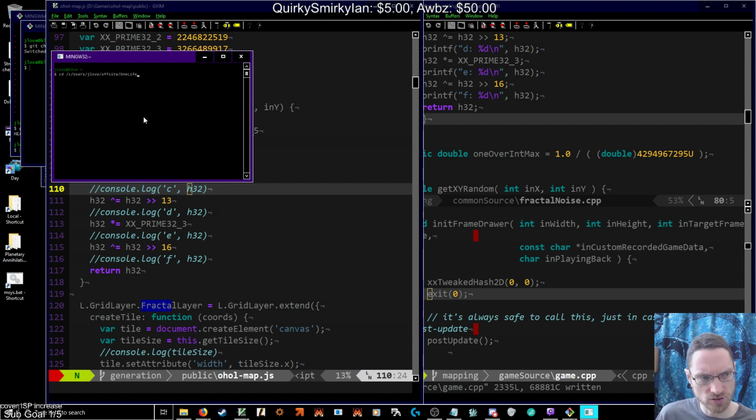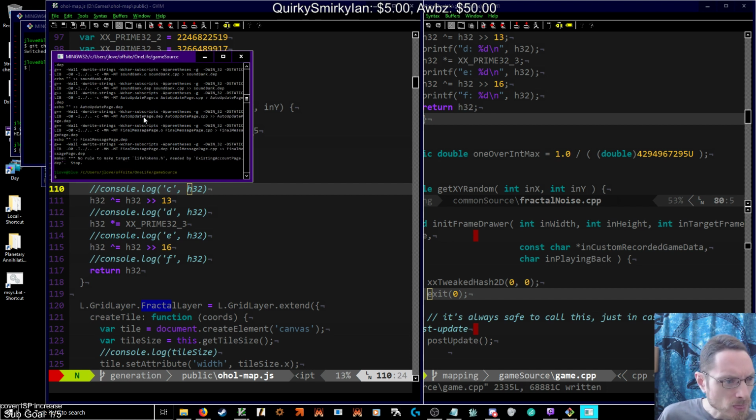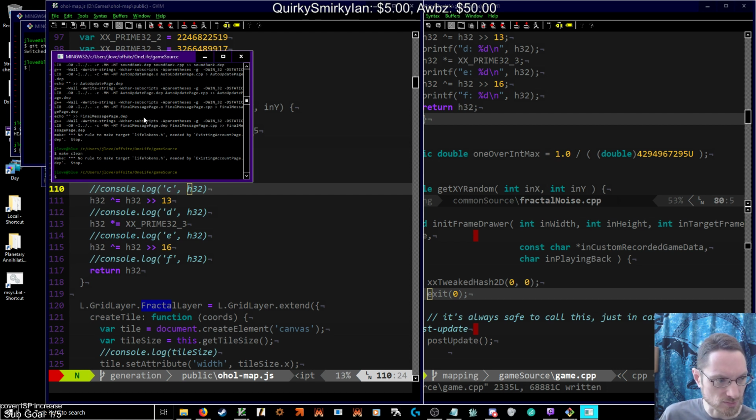Offsite, one life, game source. I might have to clean up some files here from other dependencies. Yep. Needed by RM. Actually, we should probably just make clean.